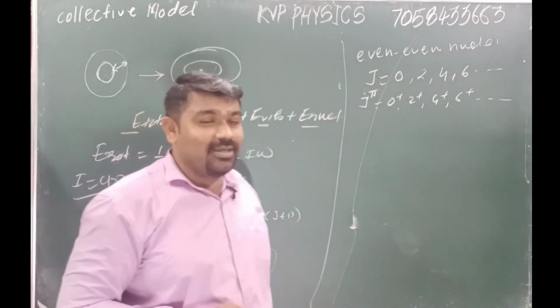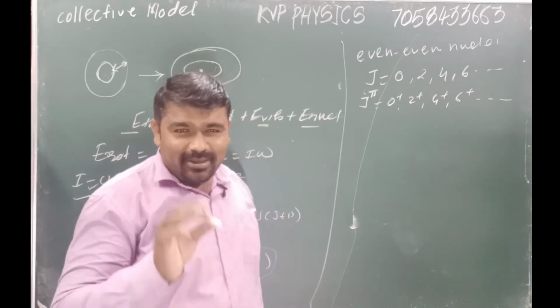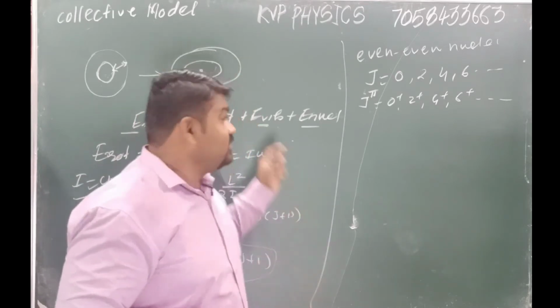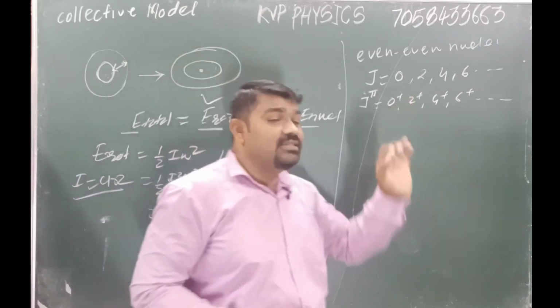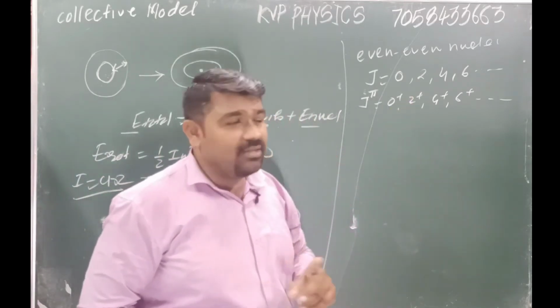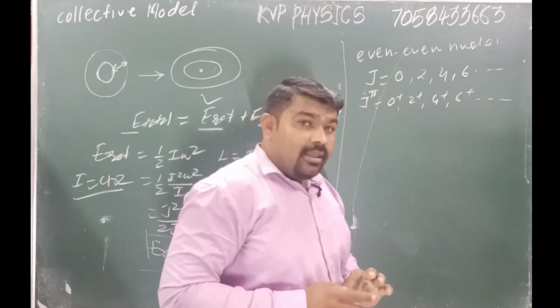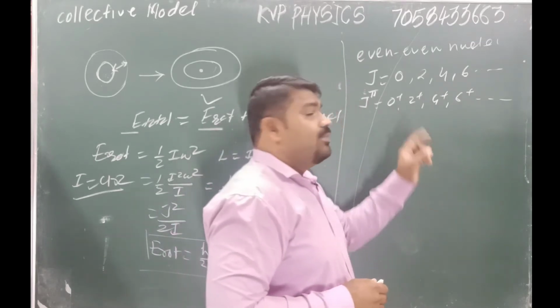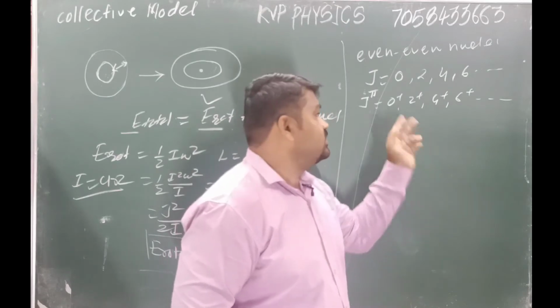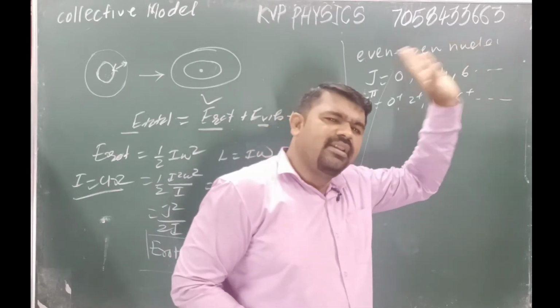Now in the last case, the shell model, we can take the even nucleus 0 plus, but here it is symmetric in nature. We get only even values and parity is even: 0 plus, 2 plus, 4 plus and so on. In the ground state, J value is 0, first 2 plus, second 4, 6 and so on.